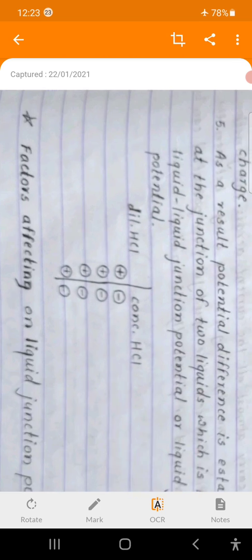Then what does the salt bridge do? It supplies negative ions and neutralizes this positive charge. While in the concentrated solution there is development of negative charge, the salt bridge supplies positive ions and neutralizes that negative charge. Hence the salt bridge neutralizes the developed charge on both sides of the solutions, and thereby reduces the junction potential.